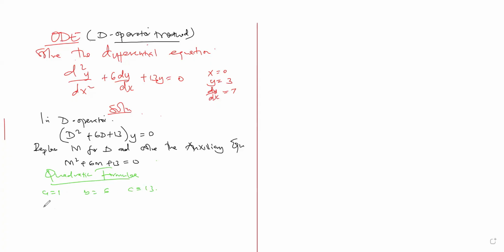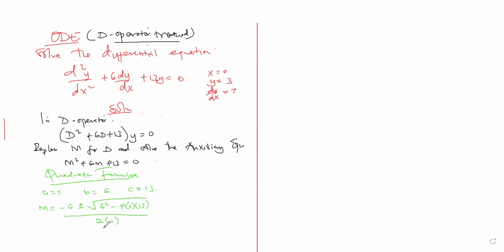We are finding the value of m, so it is given by negative b, which will be negative 6, plus or minus the square root of b squared, which is 6 squared, minus 4 times a, 1, times c, 13, then over 2a.